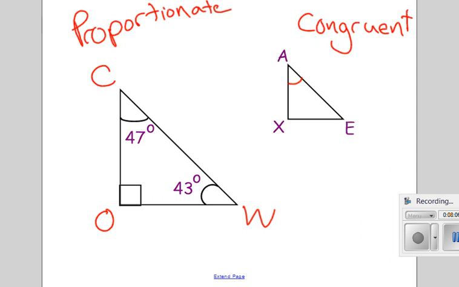So A is going to correspond with C, even in a similar triangle, and we would say that angle A is equal to 47 degrees. Just like angle E would correspond with W, so it'd be 43 degrees, and of course X is a right angle. We see X, we see O, they're the same. We can see the relationships there.